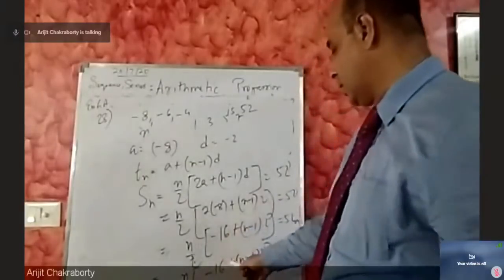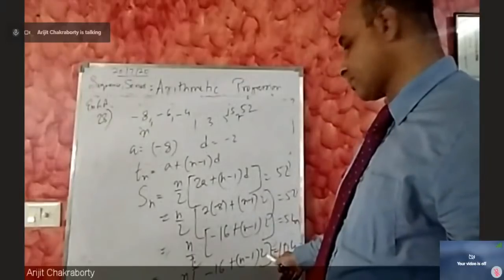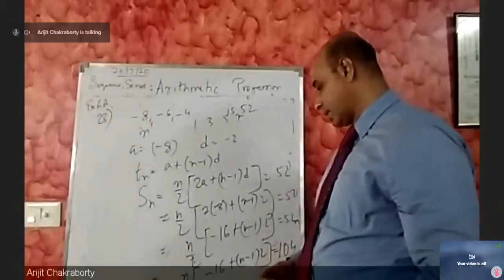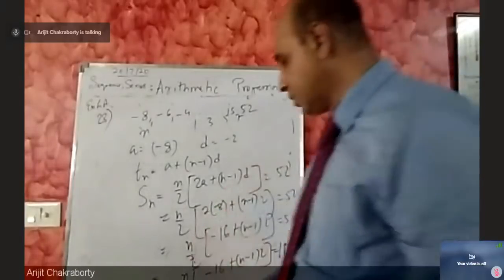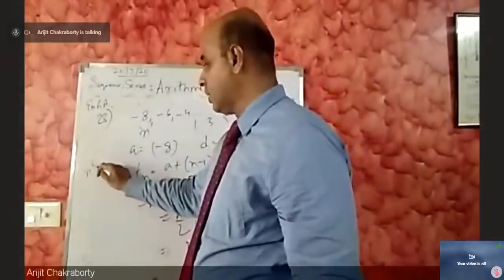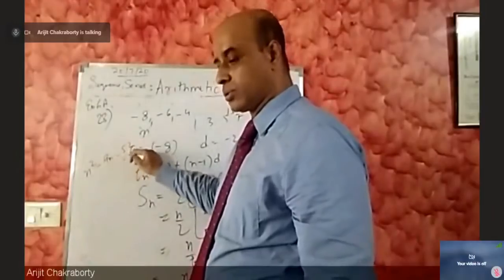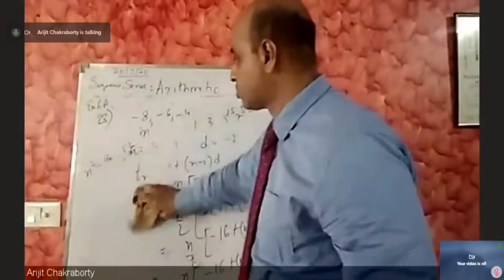If you simplify the equation, you will be getting n squared minus 9n minus 52 equal to 0.